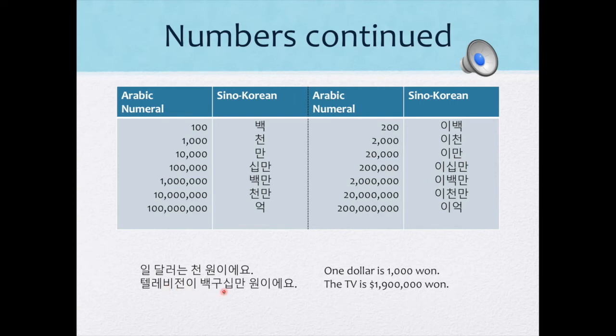텔레비전이 190만 원이에요. The TV is 190만 원. 1,900,000 won. Sounds like a lot of money, but just don't count the last three zeros. Then you end up with 1,900.